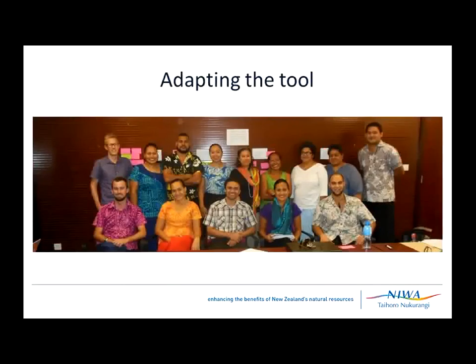And then we have the international teams who are getting interested in risk modeling tools. This was me. I'm not in that picture; I was taking that picture in Samoa last week, where we were having a project design workshop to see if we could develop a Pacific risk tool. So here are some team members from the National Disaster Management Office and from the Land Use Planning Office in Samoa.